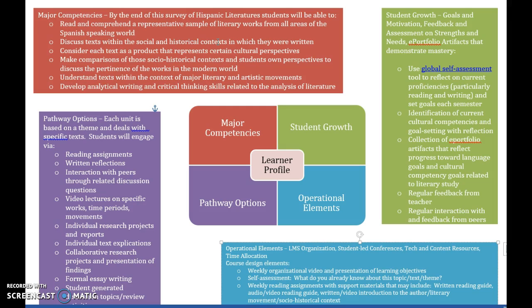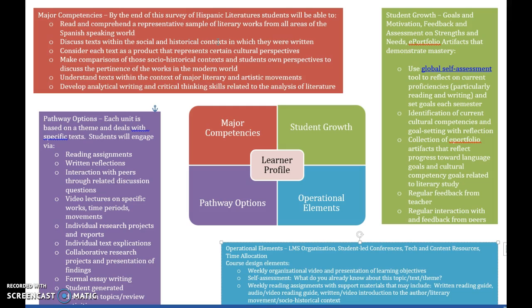Consider the text as a product that represents certain cultural perspectives and be able to discuss that. Make comparisons between the socio-historical context and cultural perspectives represented within these texts and the students' own perspectives, and also use those comparisons to discuss the pertinence of these literary works in the modern world.